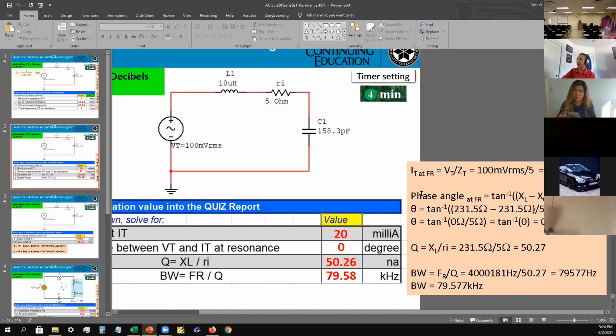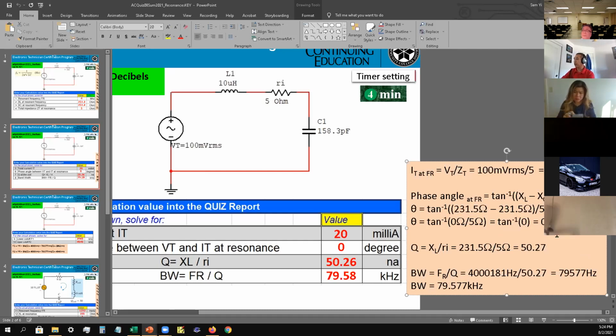The phase angle is the arctangent of the quantity XL minus XC, divided by RI. XL minus XC cancels, leaving 0 ohms divided by 5 ohms. So that's the arctangent of 0, which gives you 0 degrees.